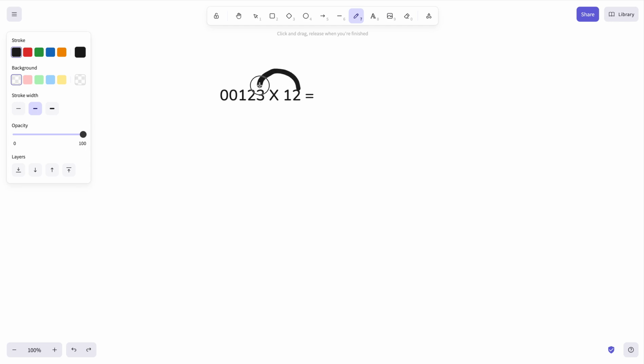We take 2 into 3. 2 3s are 6, and that's what we will write here as the first digit of our answer. Now there is nothing over here. Next to 3 there is nothing, so nothing multiplied by 1 is nothing. Hence we wrote the answer 6.